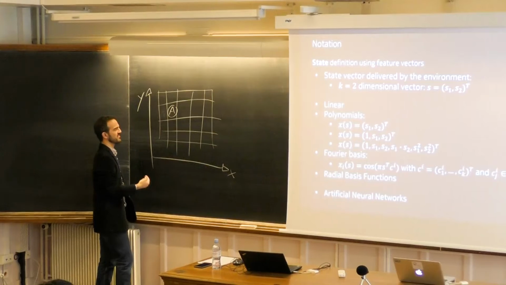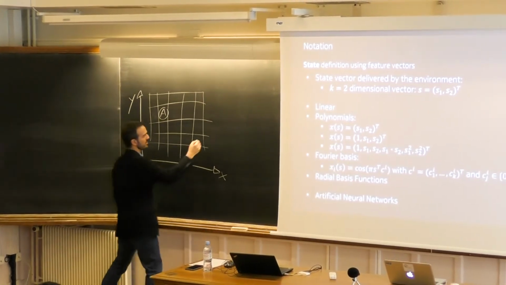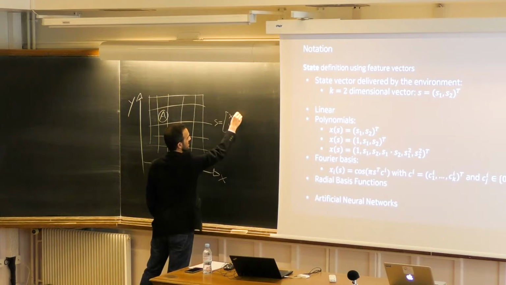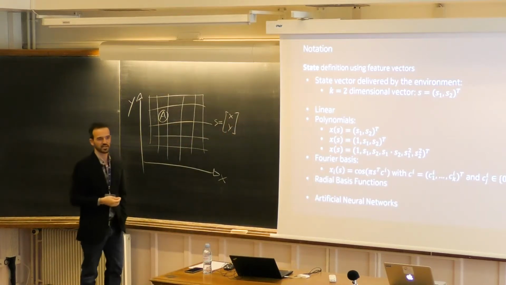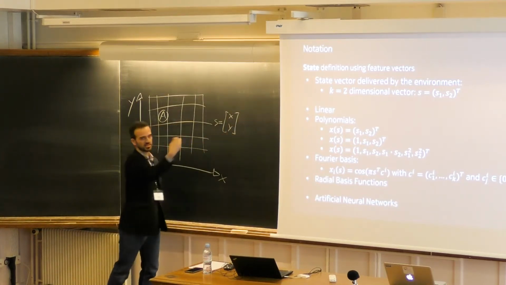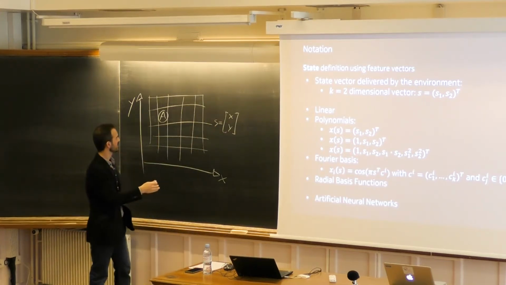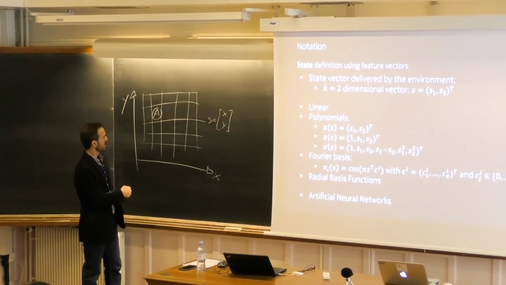So the state can be described by the coordinates of the agent at any given point in time. This would be, for instance, the state of the agent. So the agent will use this information to take its decisions. All right. So this state defines the state space for the agent.